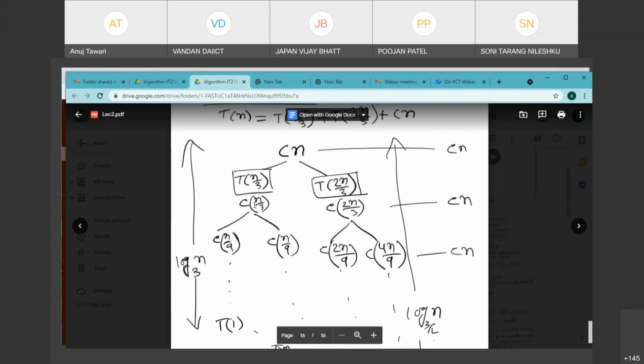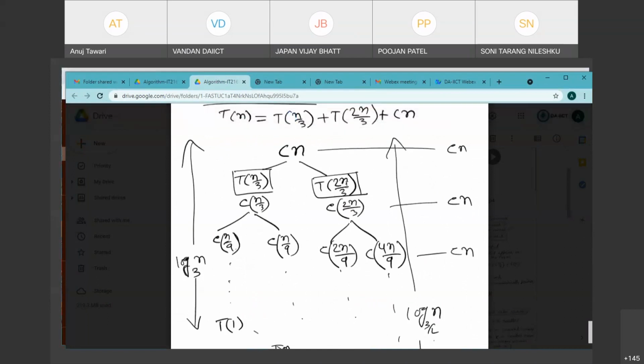So what is happening over here? At every step, you are doing Tn by 3, T2n by 3. So at every step, in the next level, you have divided by 3 every time, right? So this becomes n over 3, n over 9, then n over 27, and so on.